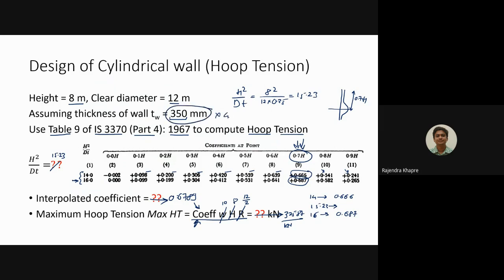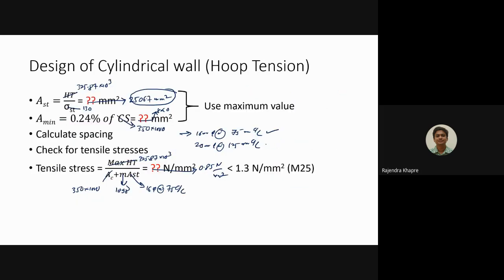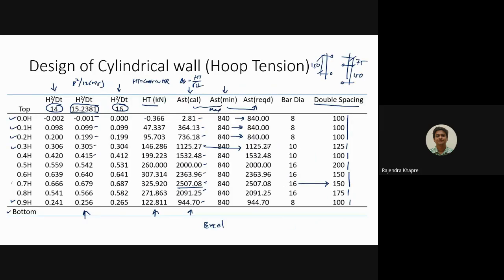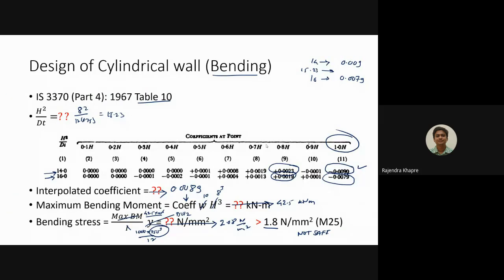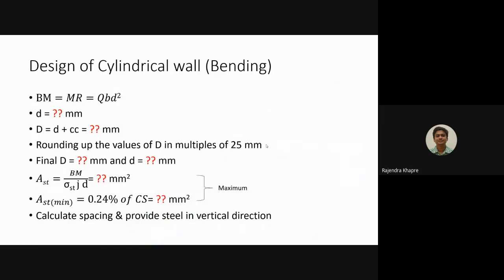You may have to go for even 400 millimeters. You have to redo the calculations for hook tension, whether it is safe or not. Then you have to go for the bending one more time, and then you have to continue further. Okay, have you understood this? Yes, students, have you understood this?